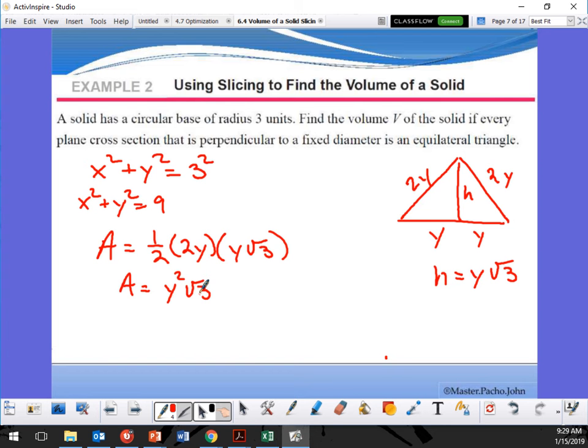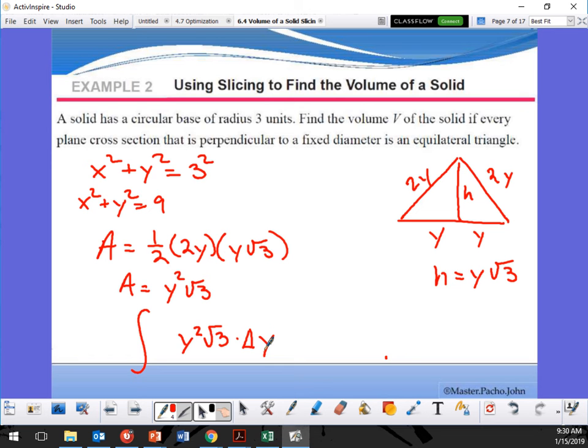So now what's the part that comes next? Delta y. So this is going to be delta y, isn't it? We're going to delta y this one, which means I'm going to take an integration of y squared root 3 times delta y, and from where to where?